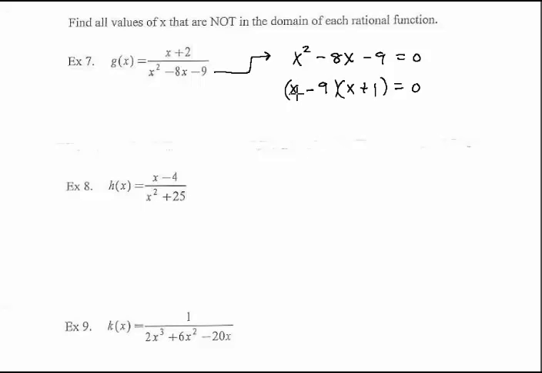So this is how we factor this trinomial here. And now we say x minus 9 could equal 0, or x plus 1 equals 0. If we solve these, we simply get x equals 9, and x equals -1.